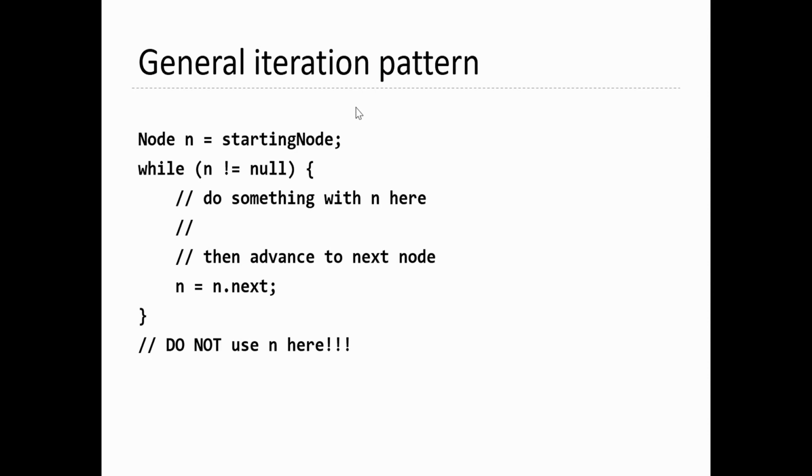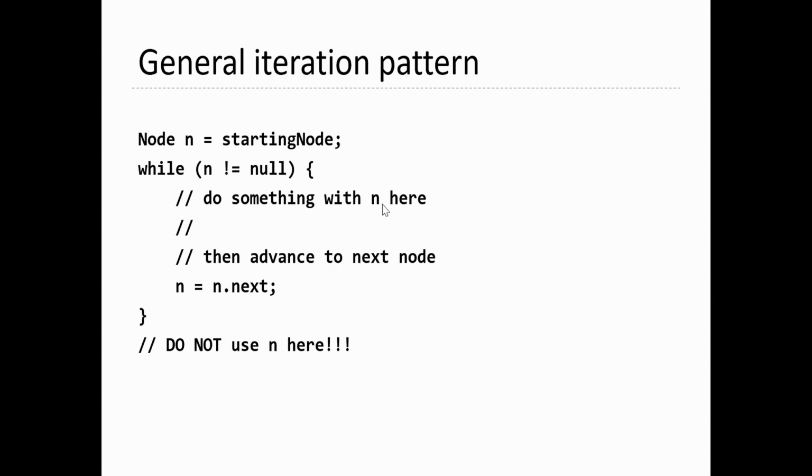So you start with a reference to a node, n, and you just make it equal to whatever node you want to start at. In this case, we're going to start at the top, but it could be some other node. Then, while that reference is not null, that means your reference n is actually pointing at a node. So you can do something with n there.